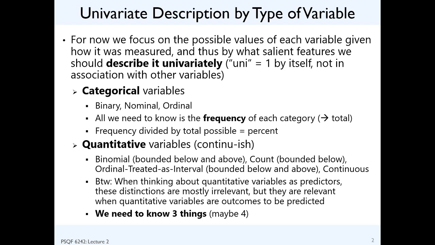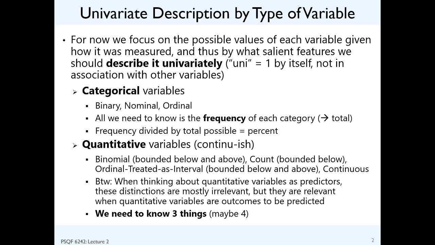So univariately, when we have categorical variables, this task is easy. Describing a categorical variable by itself, you just have to tell how many are in each category. The end, right? You can report that as a frequency or a percent, but that's it.